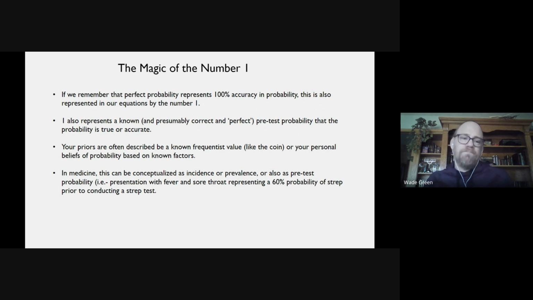Diagnostically, one, not I, it might look like the letter I, but it's the number one, also represents a perfect or presumably correct pretest probability, that the test is going to be true or accurate. Is there anything you can think of that we utilize within clinical practice that is perfect 100% of the time, without fail, in making a diagnosis correctly?